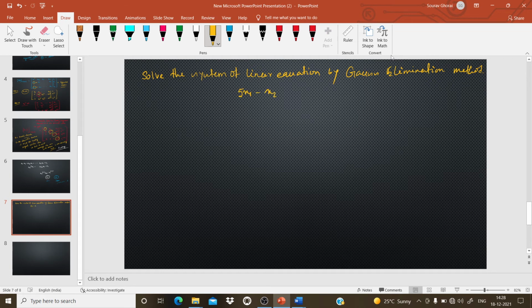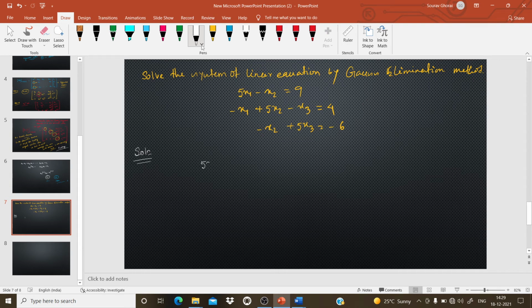5x1 minus x2 is equal to 9, minus x1 plus 5x2 minus x3 is equal to 4, and minus x2 plus 5x3 is equal to minus 6. Okay, so now we have to solve this system of linear equations by Gauss elimination method. See here how we can solve it.